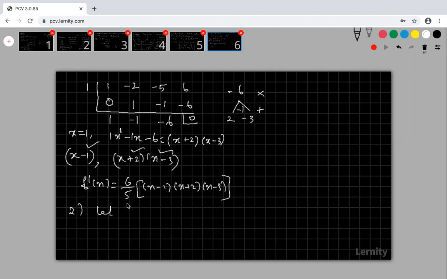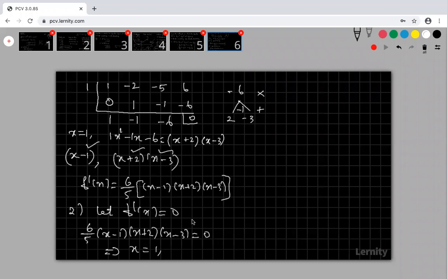What is my second step? Let f dash of x equal to 0. This is my f dash of x, 6 by 5, x minus 1, x plus 2, sorry, x minus 3, equal to 0. Which implies, what are the values of x? If you take x minus 1 equal to 0, I will get x equal to plus 1.